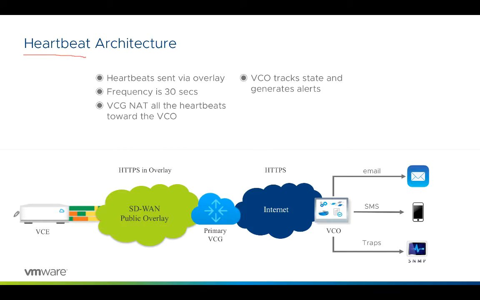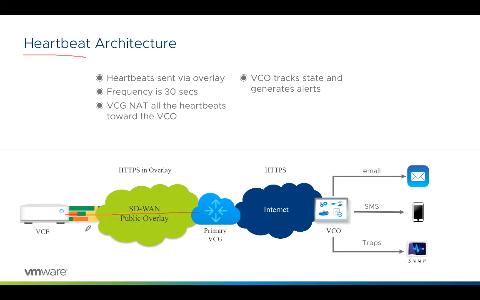These heartbeats are sent from the edge device to the gateway in the overlay. Remember the concept: on every WAN circuit, whether it's public or private, we create an overlay, a VPN tunnel from the edge device to the gateway, or from the edge device to the hub device, or from the edge device to another edge site. So all the SD-WAN functionality works on those overlays.